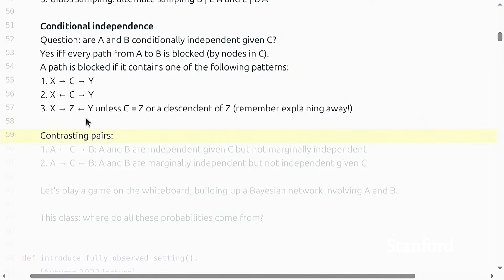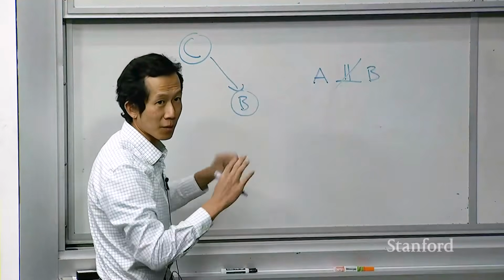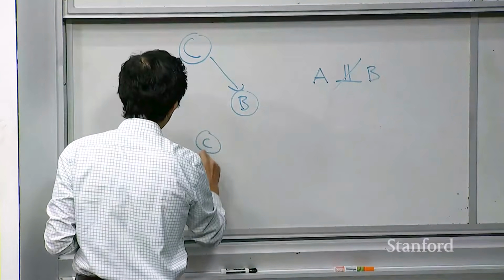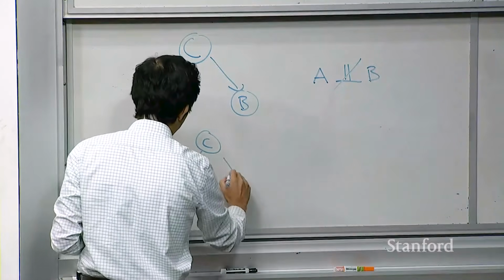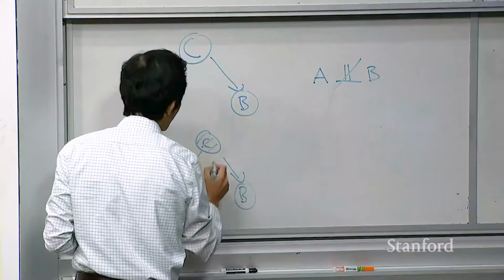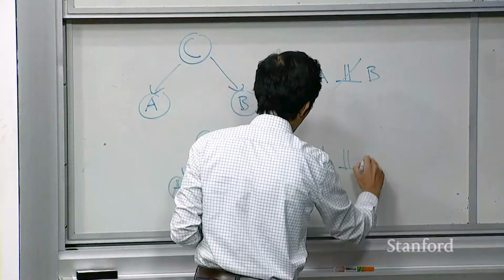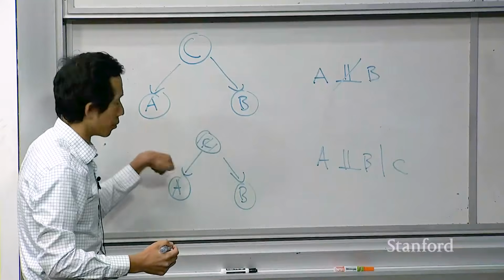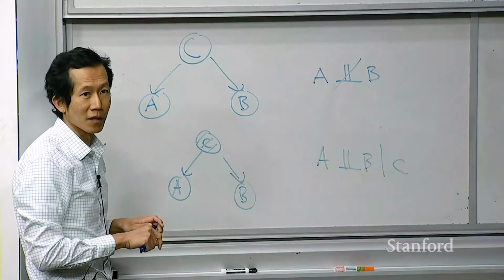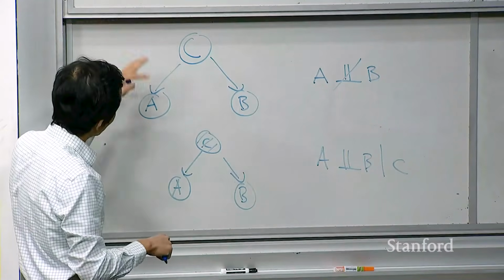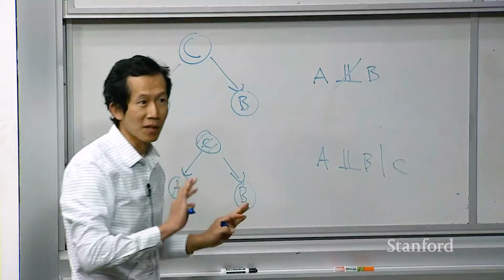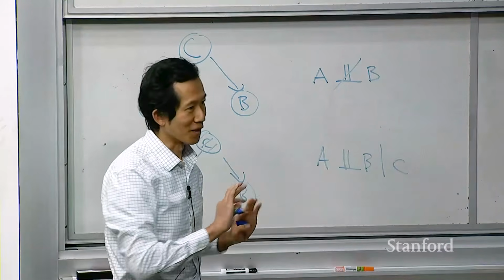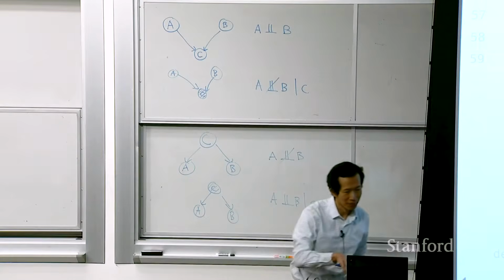So if you look at the case 2, you're able to get through, which means that they're not independent. Whereas if you condition on C, then these will be independent, because this shaded node blocks. Okay? So if you just remember these contrasting pairs, then I think you get basically 90% of what's happening.